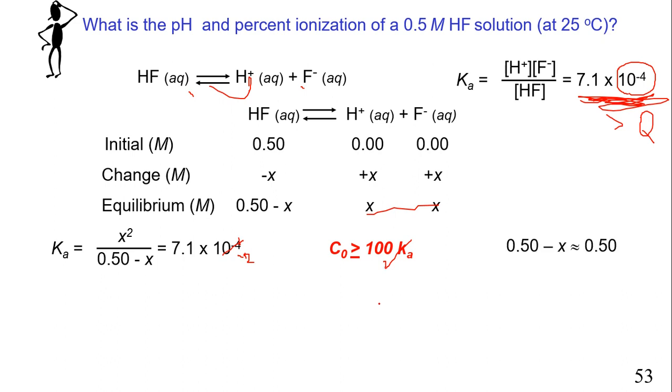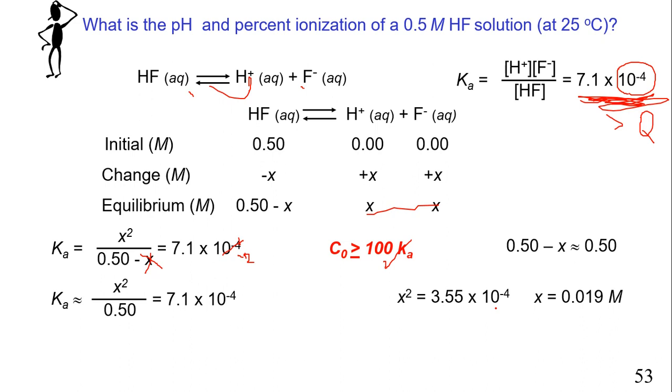And thus, this bottom part, the denominator here, becomes approximately simply 0.5, and we simplify and the x is gone from this equation. We get this new one and we solve for x squared. X squared is simply Ka times 0.5, which gives me this number, and we get x equals 0.19.